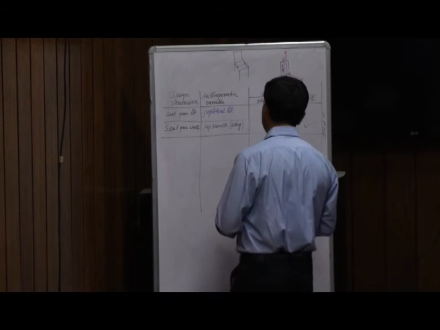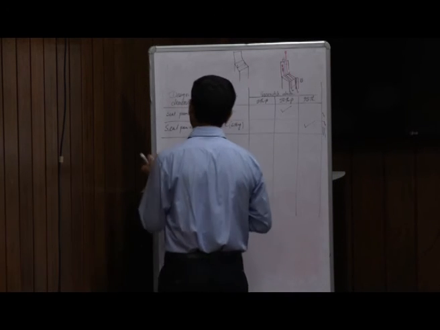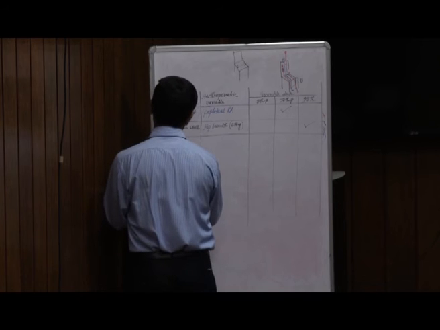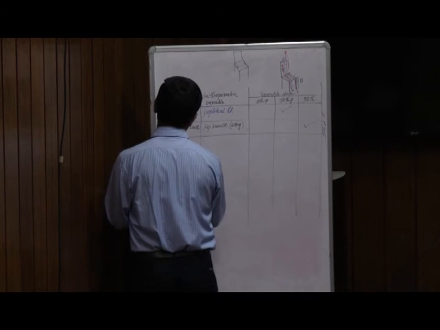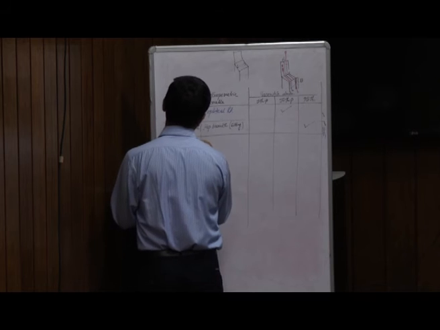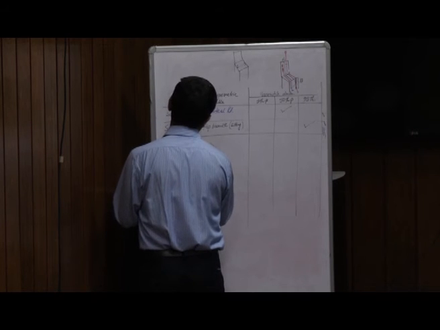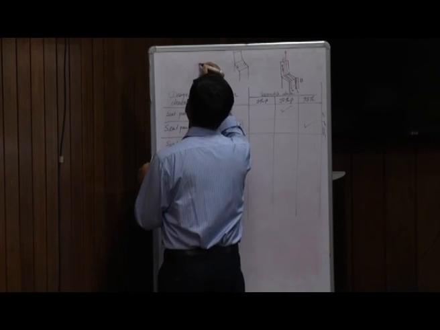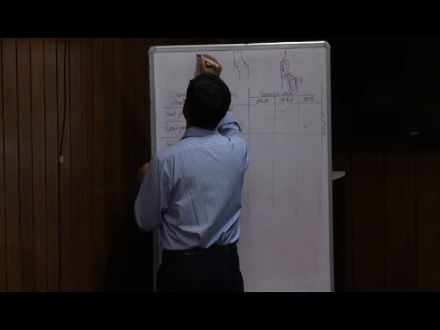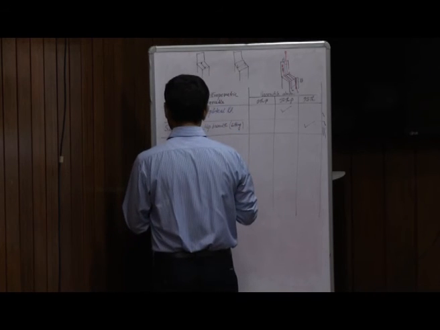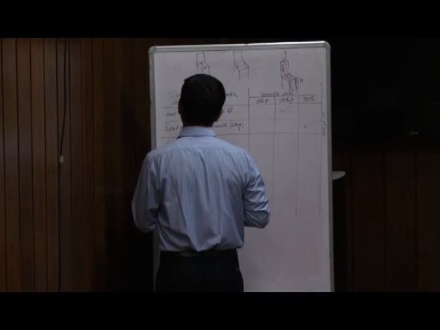Next, seat pan depth. Seat pan depth means forward to backward, this distance. Now we are discussing this distance, front to back.